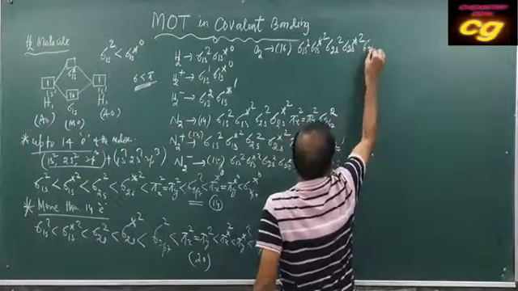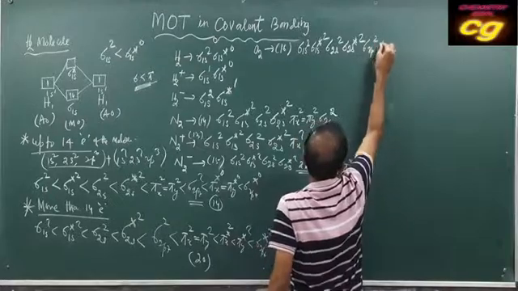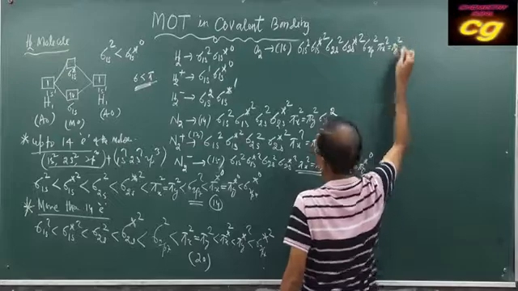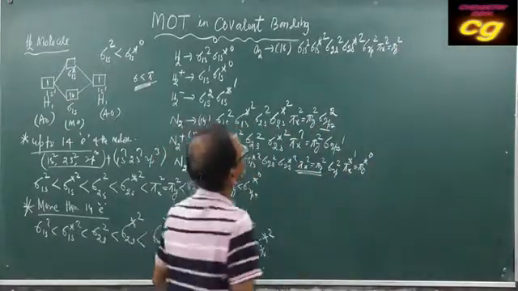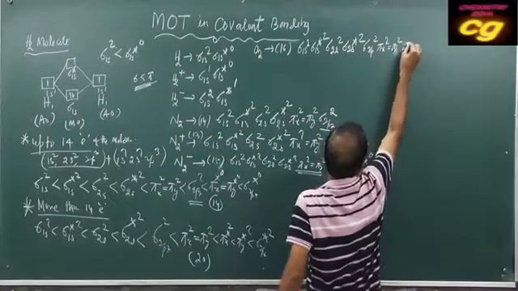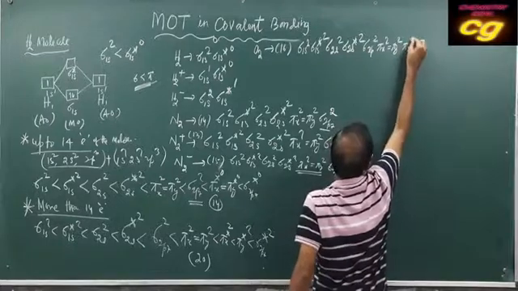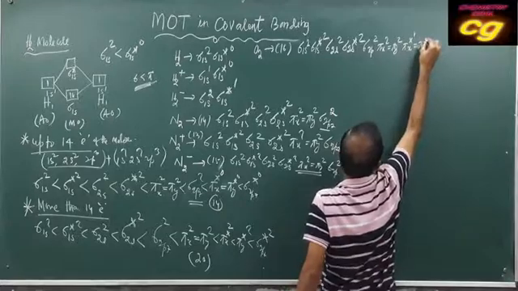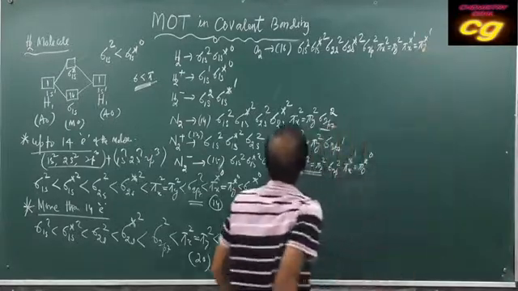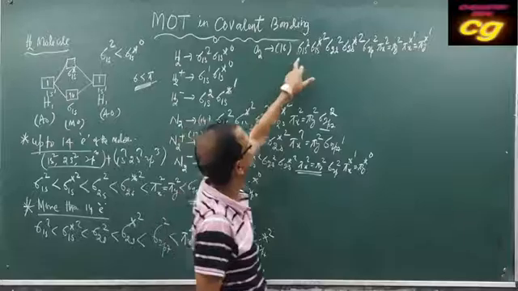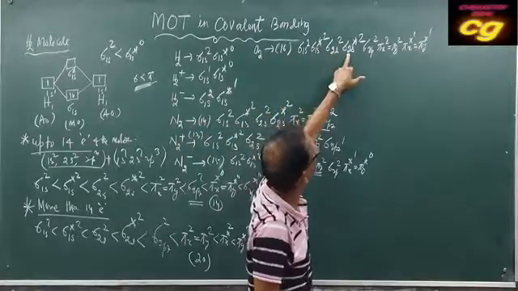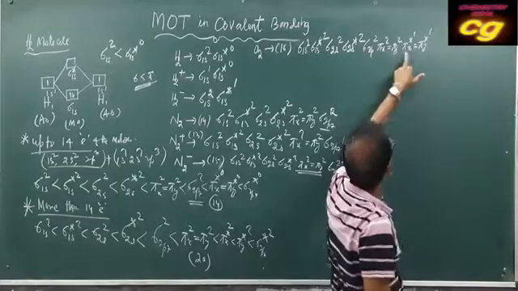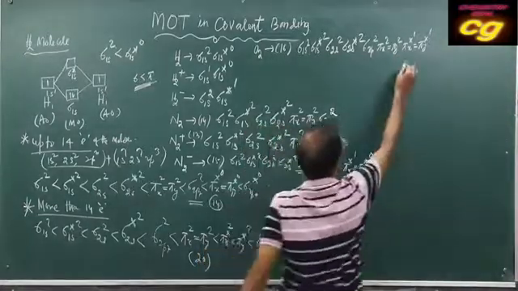Sigma 2pz2, then pi x2 equal to pi y2, then pi x star 1 equal to pi y star 1. You calculate, how much, 16 or not? 2 plus 2, 4, 6, 8, 10, 14 and 1, 1. It obeys Hund's rule.